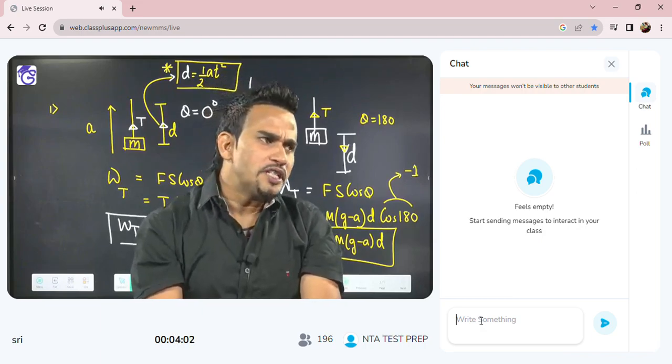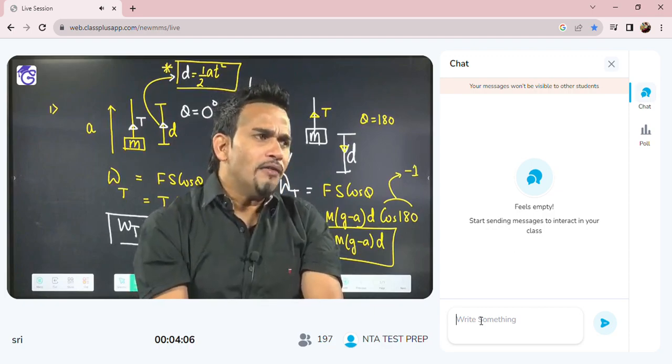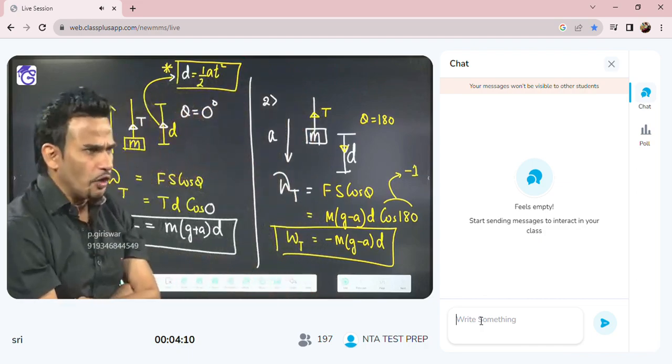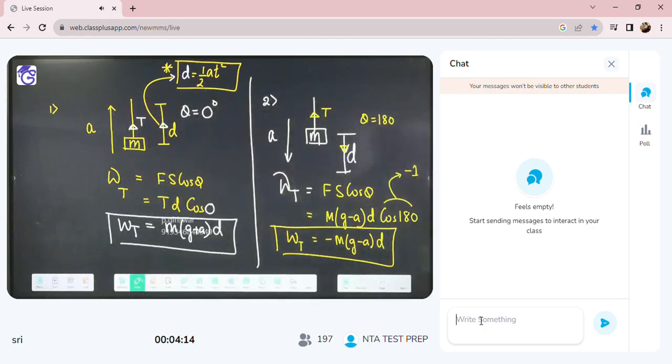If it moves down by distance D, find the work of tension on the block.